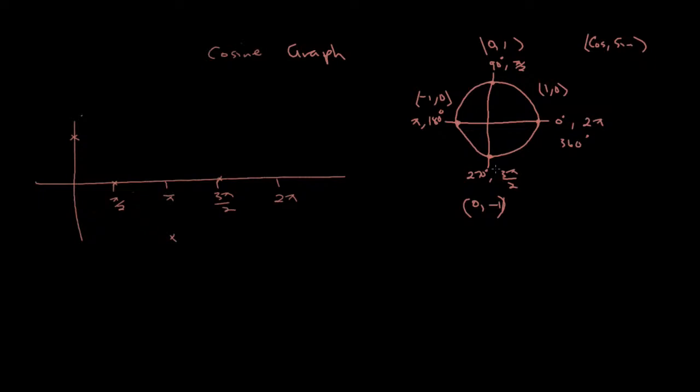So now we're going to try to follow the path. We start here, go to 0, to -1, to 0, and so that's what our cosine graph tends to look like.